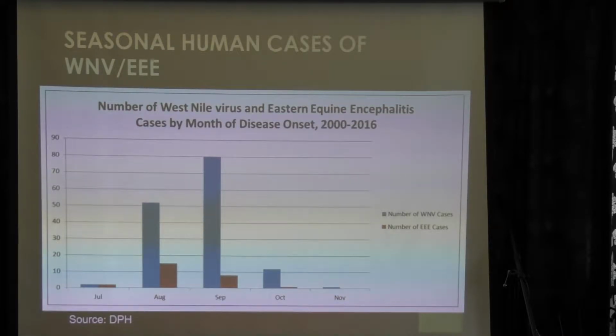Notice what's going on here. You're seeing August and September. And that's because at the beginning of the season, there's just not enough virus around. Even if you get bit by a mosquito that is able to carry Triple E or West Nile virus, it doesn't have enough virus in it to transmit it to you. That's not going to happen typically until August or September. And then the reason it's ramping down in October and November is because it's getting colder and mosquitoes aren't as active, or they're dead.